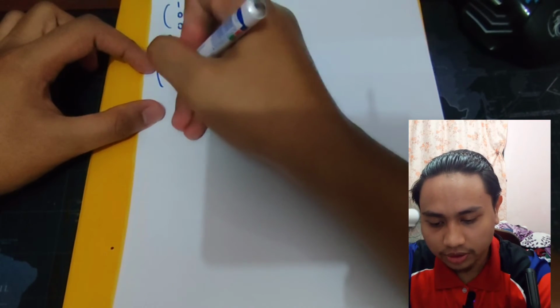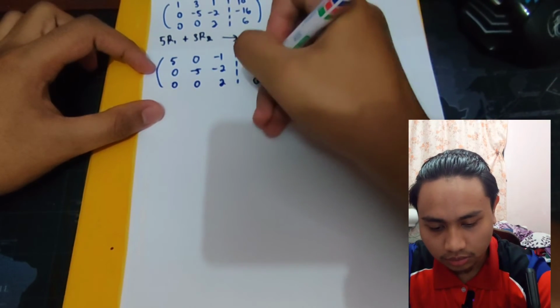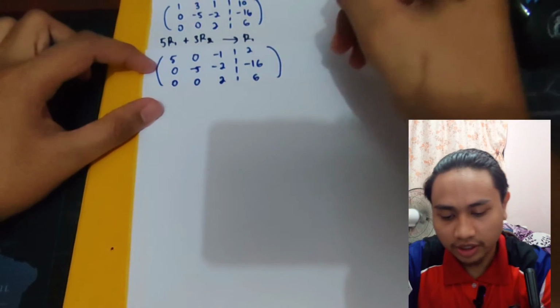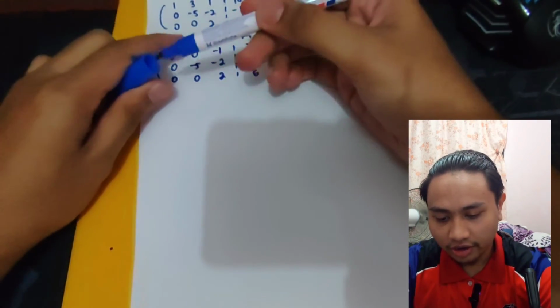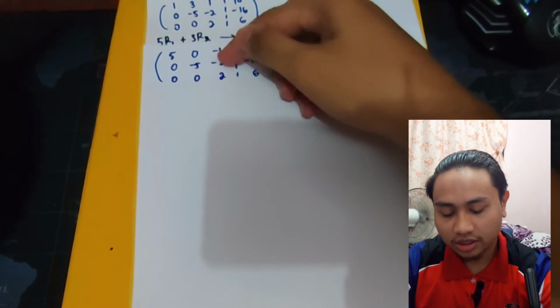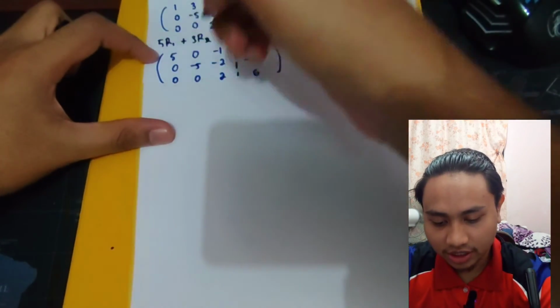Also row 3, there's no operation, and close bracket. So next we still don't have 0 here and here, so we need to make another operation.